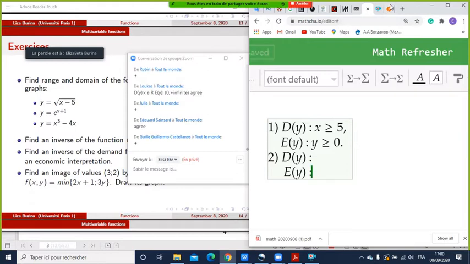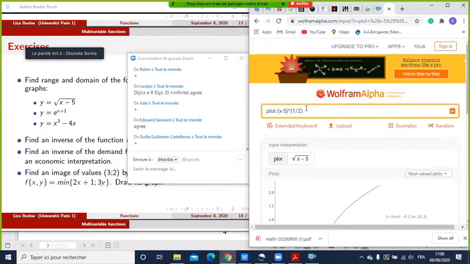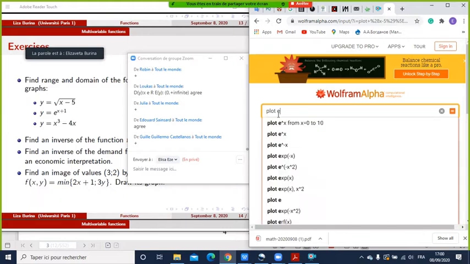Okay, so let's go ahead and prove it. For example, we want to also solve the plotting. Technically, we know that it should shift to the left. Let's see. E to the power of x plus 1.